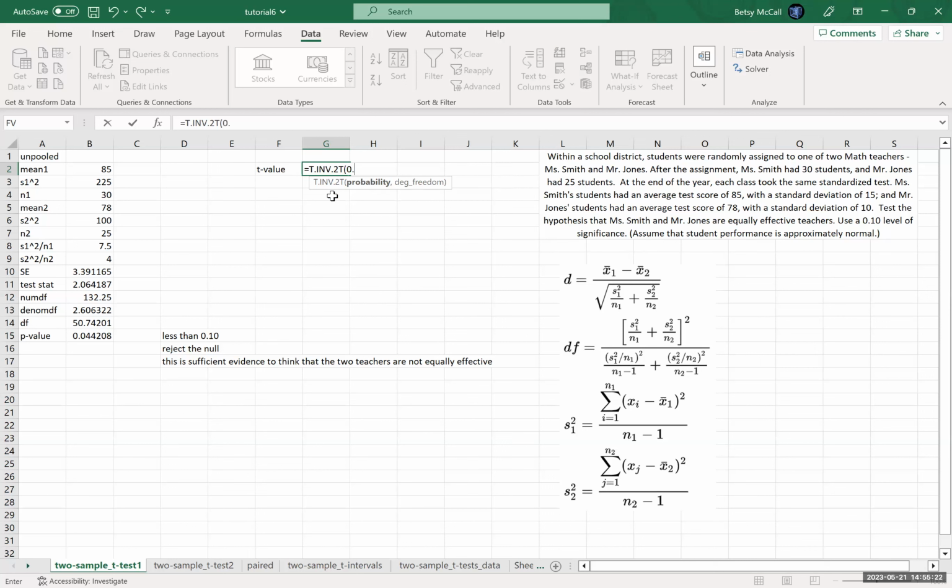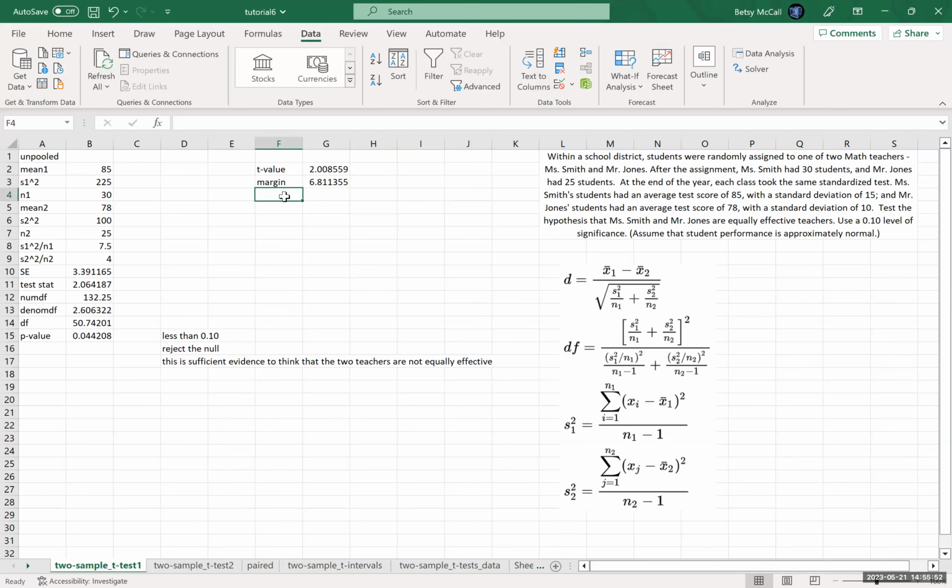Our probability, if we do a 95% confidence interval, and then the degrees of freedom we calculated was from this crazy formula. And we get our t-value. Again, this is our multiplier. And then the margin of error is going to be our standard error times our t-value.